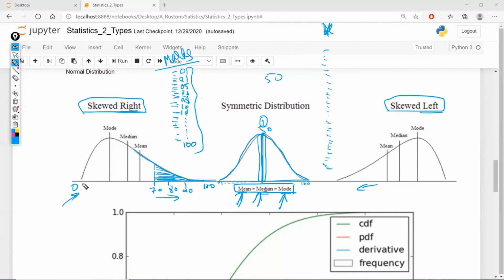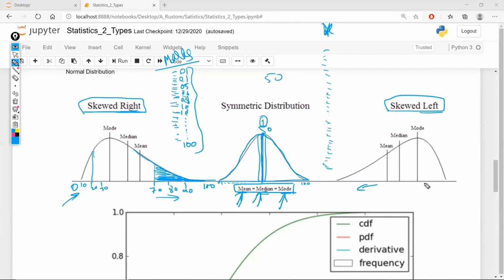And in this case, most of the students might have failed here, in the 0, 10, 20, and 30 range. Very few students got more than 70, and more than 90 is very, very few, maybe 1 or 2 or 3%. I'm just giving a number here. That's how you can interpret.